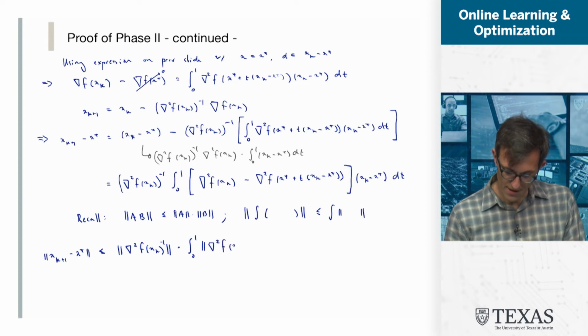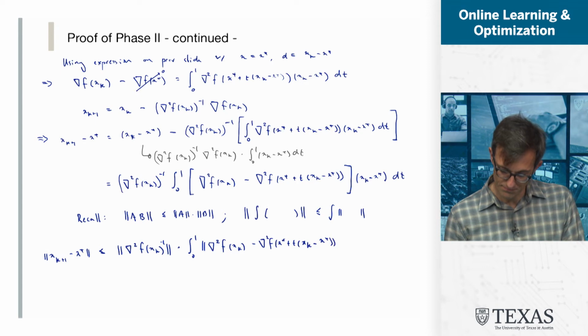That's the norm of the Hessian at xk minus the Hessian evaluated at x star plus t times xk minus x star, dt, times the norm of xk minus x star.